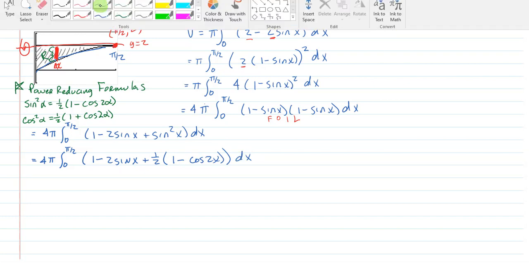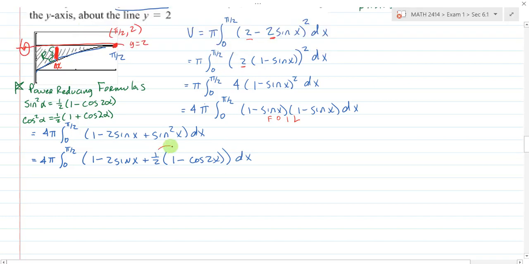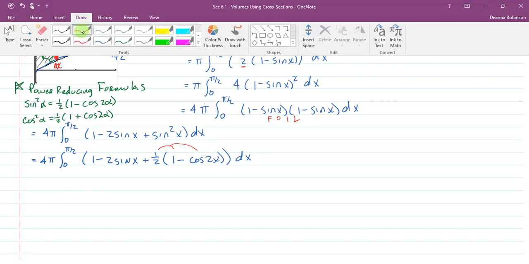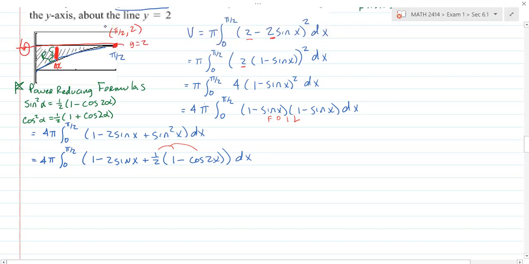Now what I need to do is distribute this 1/2 across here, and then I've got like terms that I can combine. Really what we're doing right now is algebra, and algebra is the hardest part of calculus, remembering all the algebra rules. So this is going to be 4 pi times the integral from 0 to pi over 2 of 1 minus 2 sine x plus 1/2 minus 1/2 cosine 2x dx.